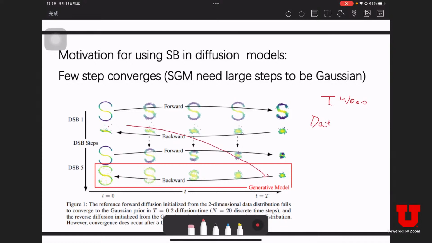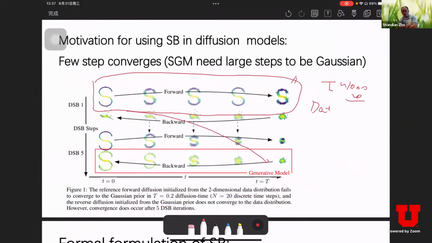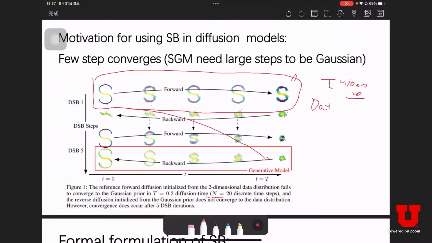If the T you set here is relatively small, like maybe 20, even with properly setting the noise level, you cannot get a real Gaussian noise. For example, focus on the box I drew right here. Here you use a diffusion step T of only 20.